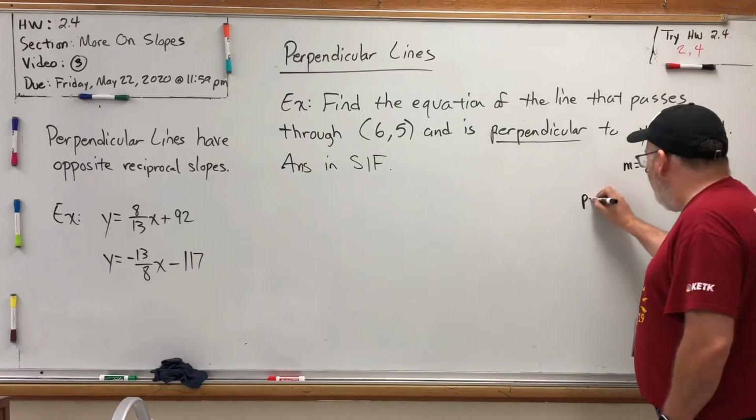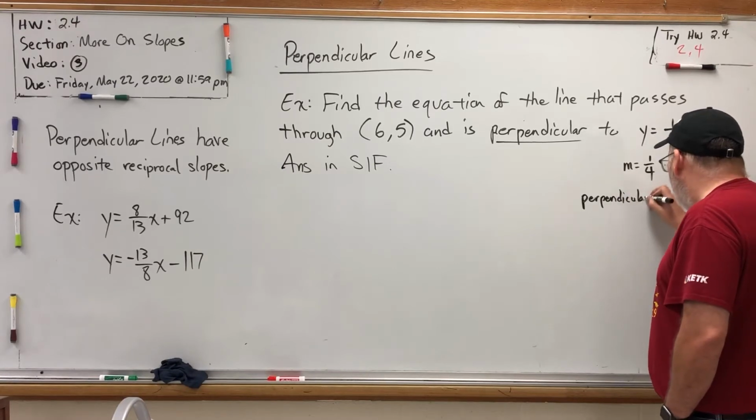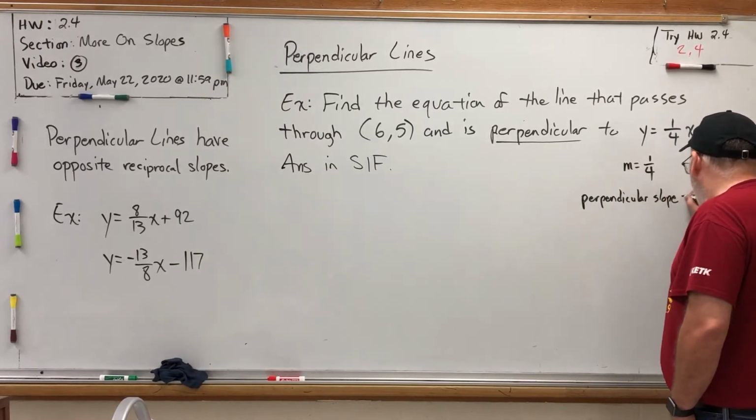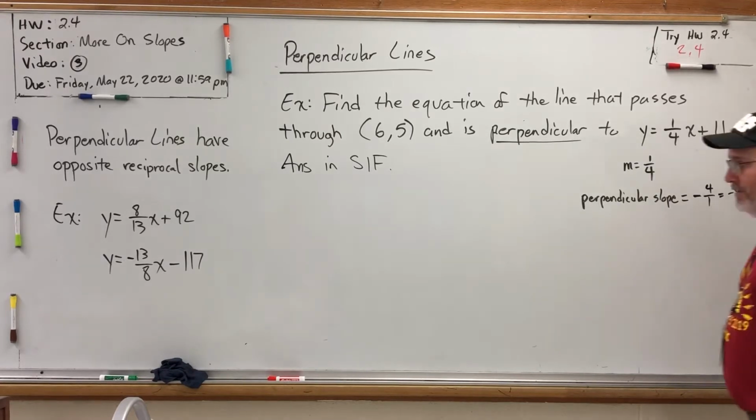That means that the perpendicular slope has the opposite sign, so it's negative, and is the reciprocal of 1/4, so 4/1. Oh wait, negative 4/1, that's just negative 4. So the perpendicular slope, the one that we want to use, is negative 4.